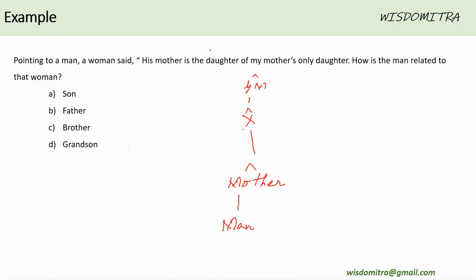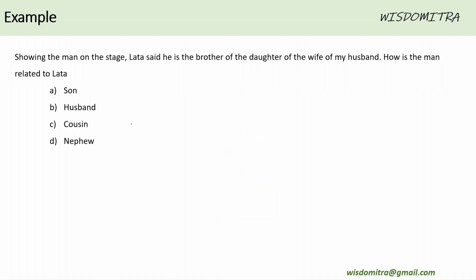This lady is speaking, and she is saying that this man's mother is the daughter of my mother's only daughter, that is, myself. So this man is nothing but the grandson of this particular woman. The answer for this question is grandson. If you draw this diagram, it eases your challenge of understanding the question rather than trying to think through it. Let us use one more question to understand.